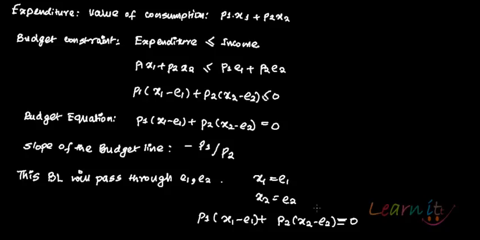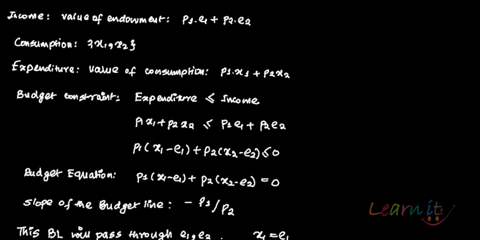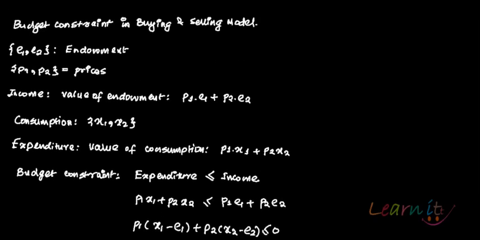Now the other point which you have to understand, let me give you one example. Whatever we have said, let me put in terms of an example. Say E1 and E2 is 5, 2.